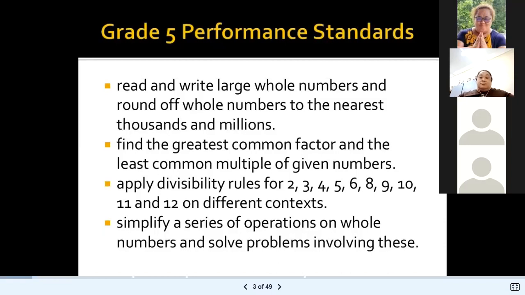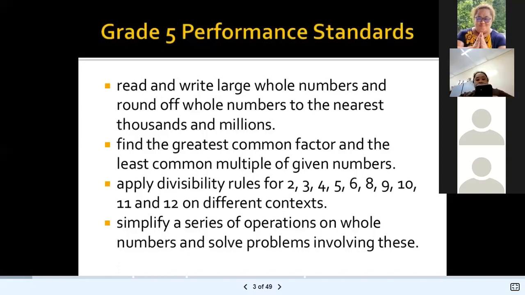So in this slide, ma'am, the performance standard is on large whole numbers and rounding off numbers to the nearest thousands and millions. So the activities will focus on reading and writing whole numbers. Next is find the greatest common factor and the least common multiple of given numbers. So they will be able to know how to find greatest common factors from the given numbers.